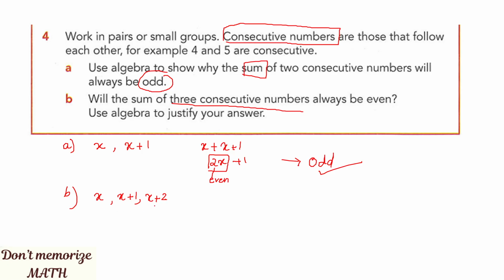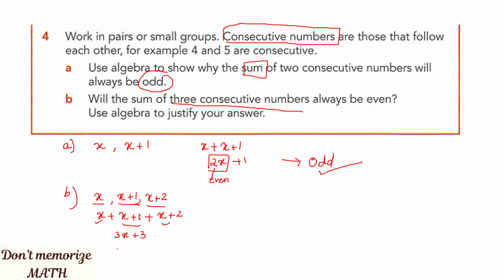They are asking whether the sum is even or not. We need to take the sum: x plus x plus 1 plus x plus 2. Then x plus x plus x is 3x. The number part is 1 plus 2, which is 3.